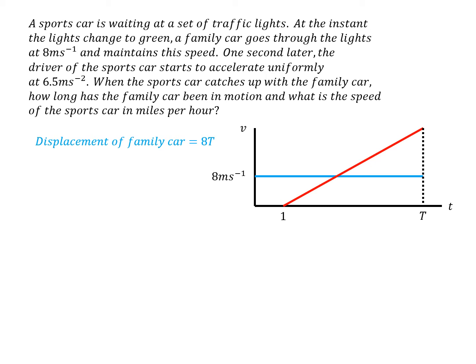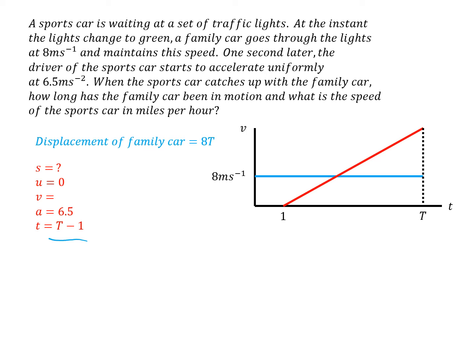So I'm going to use the SUVAT equations, and the values in the SUVAT equations are as follows. So u is 0, the initial velocity, the acceleration is 6.5, but the time is t minus 1, because the sports car, when it reaches that point, has only been traveling for t minus 1 seconds.